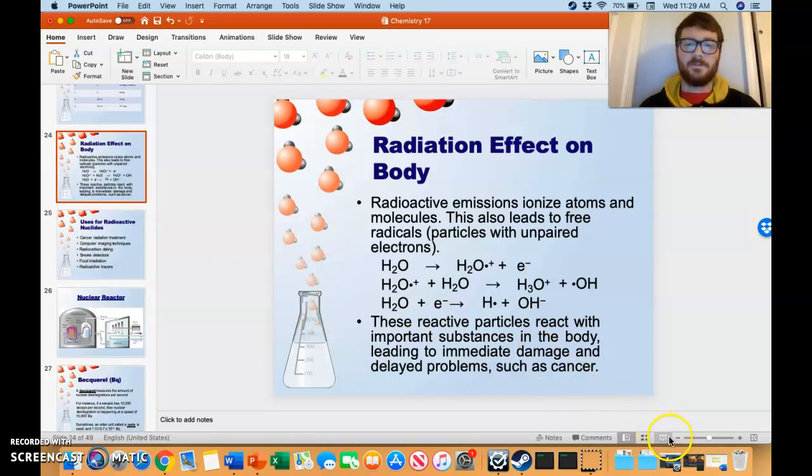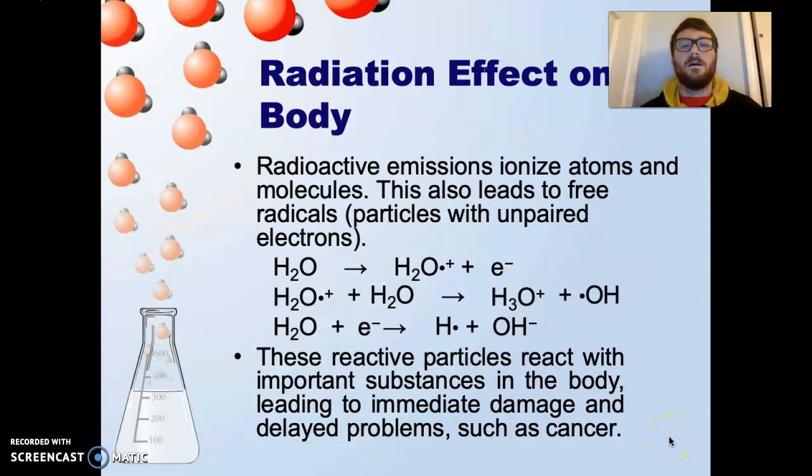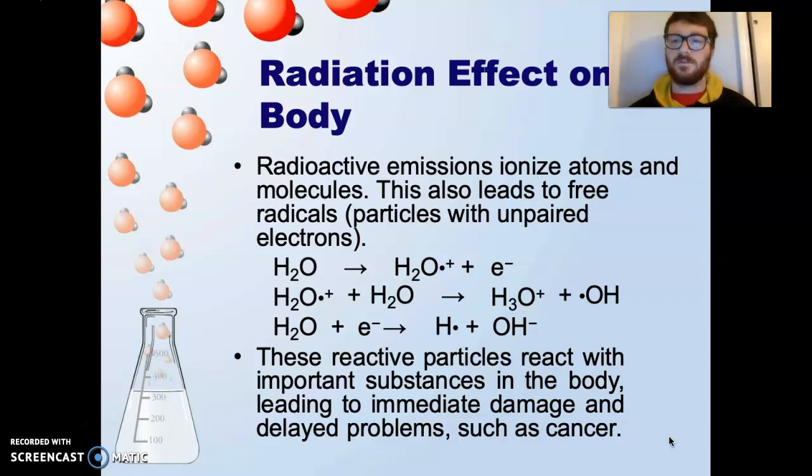Now, radiation's effect on the body. Radiation changes things, leads to harmful free radicals. And these are particles with unpaired electrons. Consider water. You allow some sort of radioactive emission to come in contact with it, and it can become some pretty strange things.